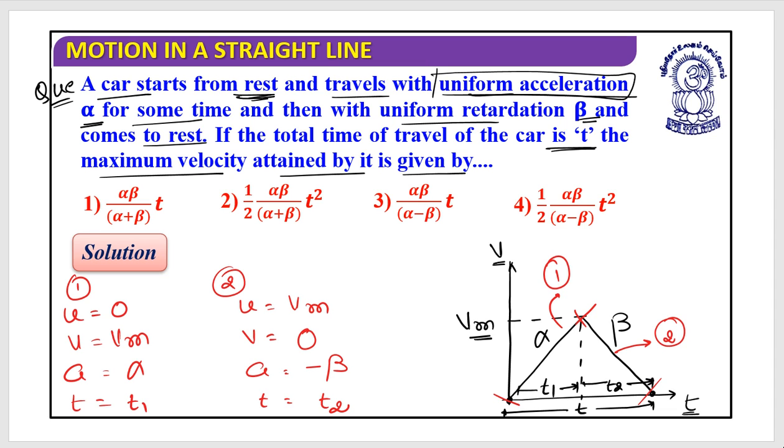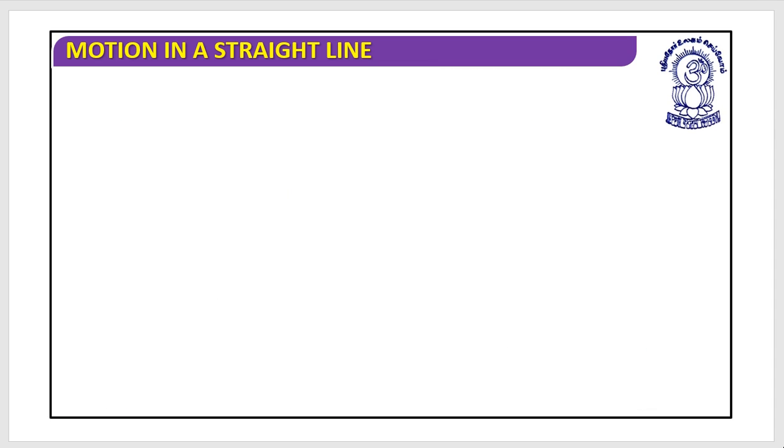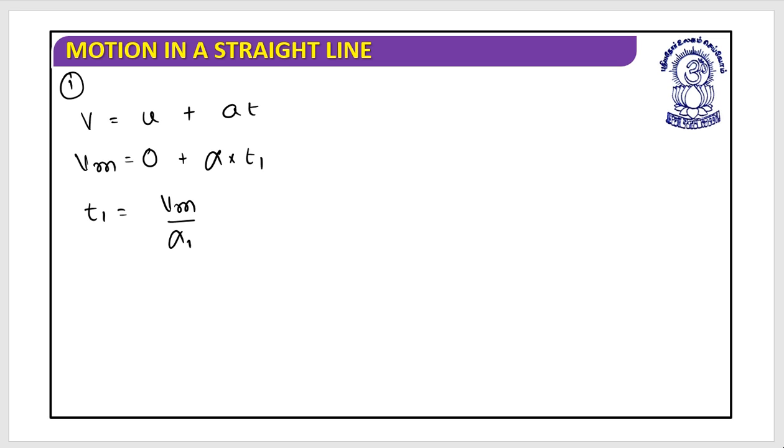Now let's derive this. For the first situation, I can write v equals u plus at. My u would be 0, a would be alpha, time would be t1, and final velocity would be Vm. So t1 should be equal to Vm divided by alpha. This is the first relation.